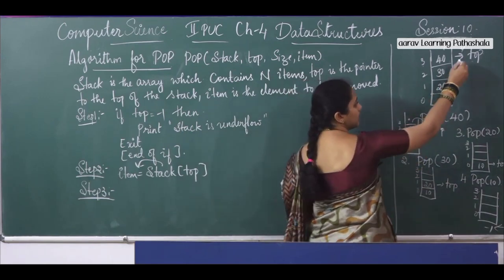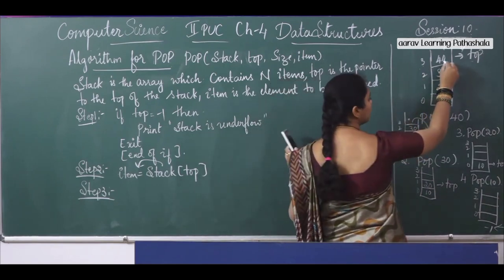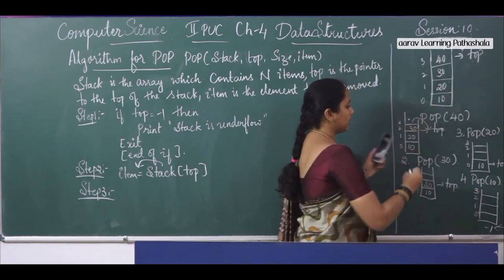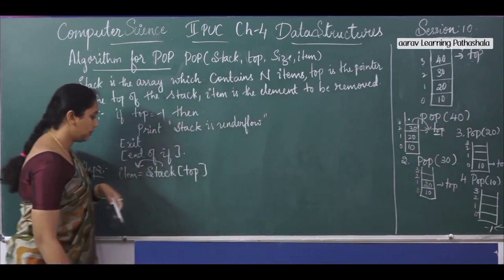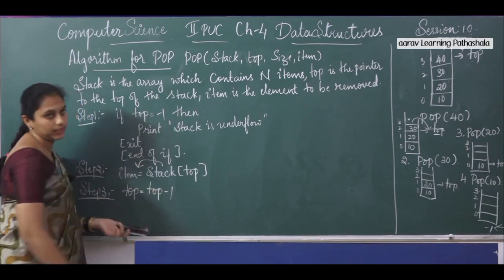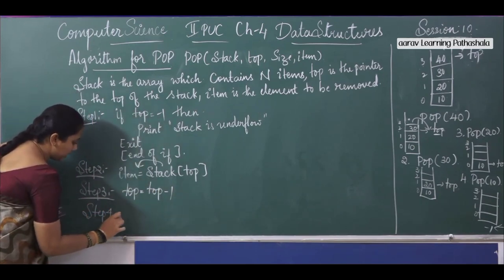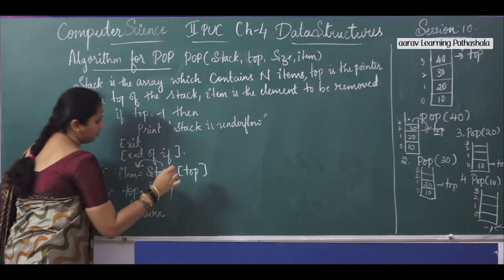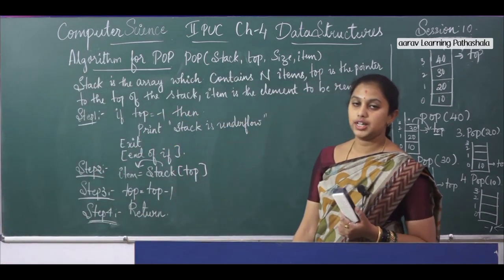See here, in this case the top of the stack is 3. After removing an item called 40 from the stack, the top gets decremented. That is, in this case the top is equal to 2. So top is equal to top minus 1. After removing the item from the stack, we return from the stack. This is how we are performing pop operation.